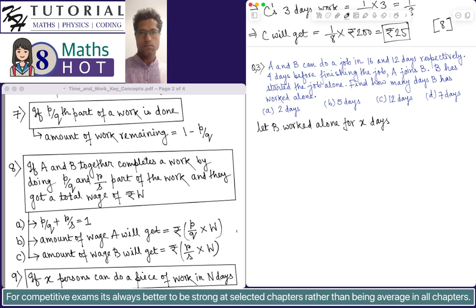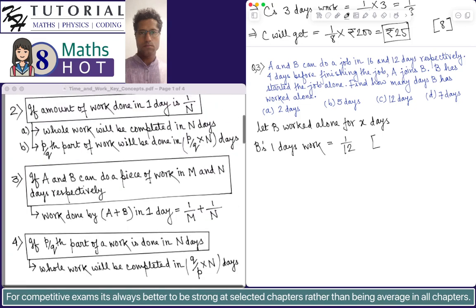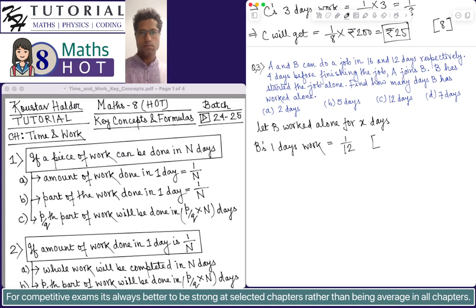Now we know that B's 1 day's work is equal to 1 by 12, from the fact that it is given that B can do the job in 12 days. So we can say that B's 1 day's work is 1 by 12 based on applying the concept of 1A.